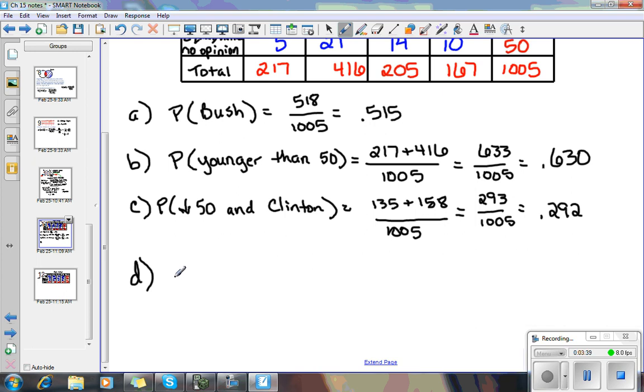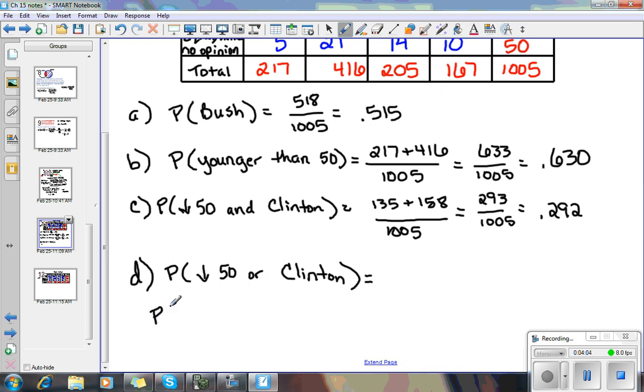Okay, Part D, what's the probability the person is younger than 50 or thinks Hillary Clinton best fits their ideal? So we need the probability younger than 50 or thinks Clinton is the ideal. So we need to think about this one now. Since it's an or, I'm going to try using a formula.